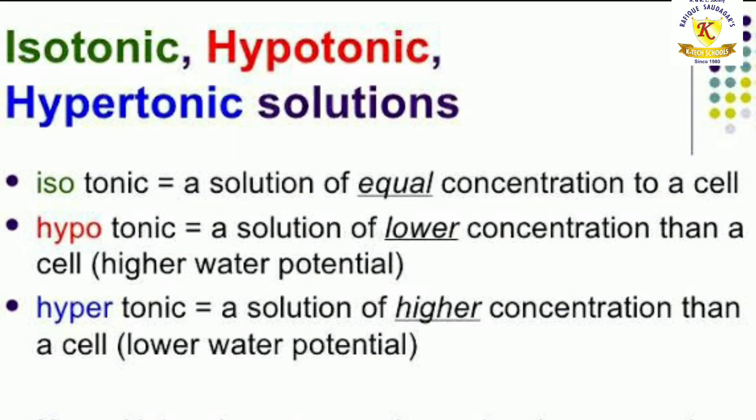It means it has higher water potential. And hypertonic, a solution of higher concentration than a cell. That means it has lower water potential. Understood children? So this is isotonic, hypotonic and hypertonic solution.